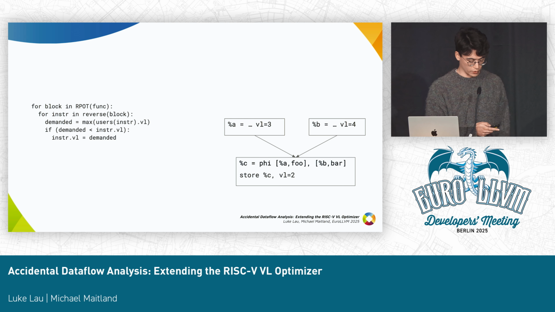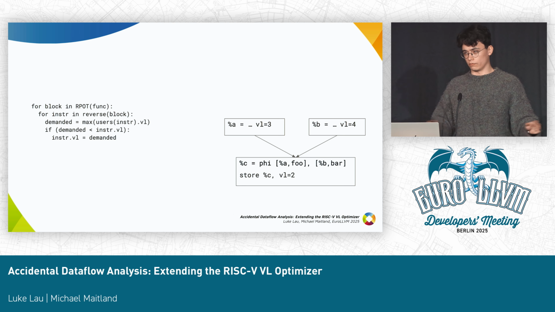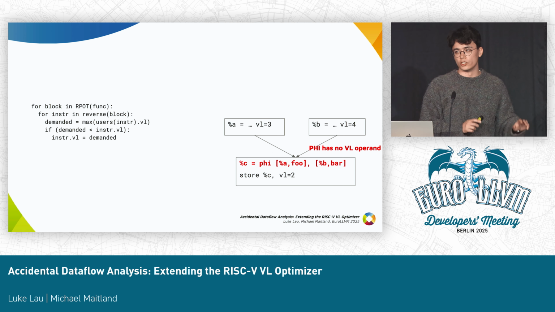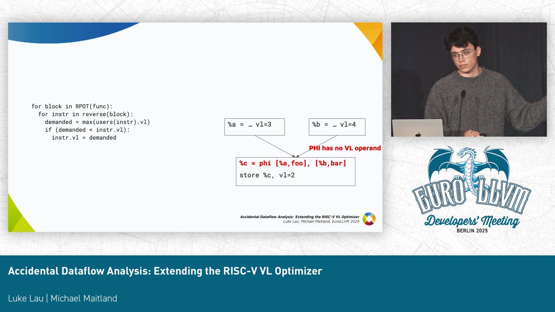We should be able to reduce this all the way. But these store instructions and add instructions that you were seeing in the previous slides are RISC-V specific machine instructions. They're not target independent, and they have the VL operands. The phi instruction is a generic machine instruction, so it doesn't have a VL operand. So whenever the VL optimizer encounters this phi instruction, it's not able to reduce it any further.